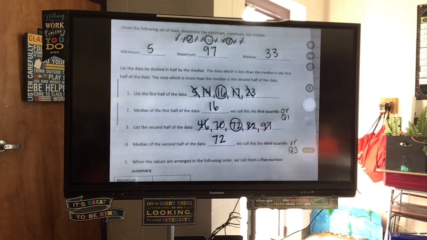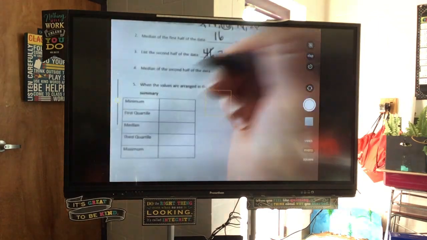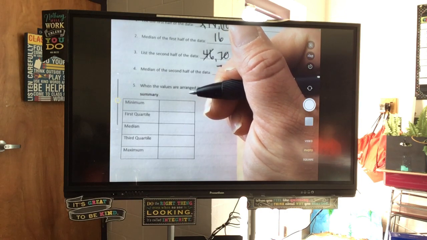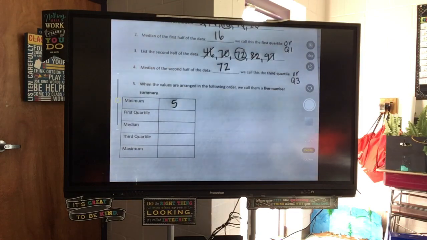All right, so down here then, you're going to give me the numbers that we just found. 3 of them we did, and then 2 of them we had to do a little bit of work, and we did those. So what is our minimum? Alex? Five. What is our Q1, or first quartile?